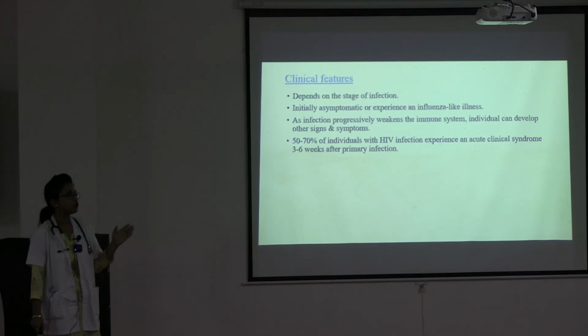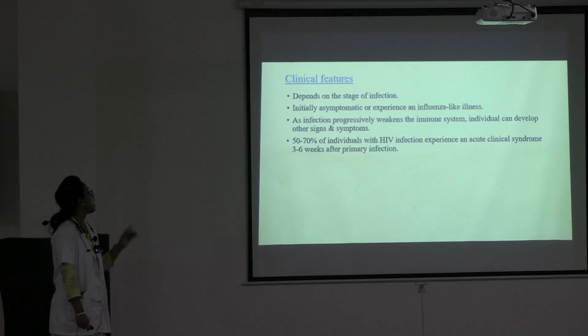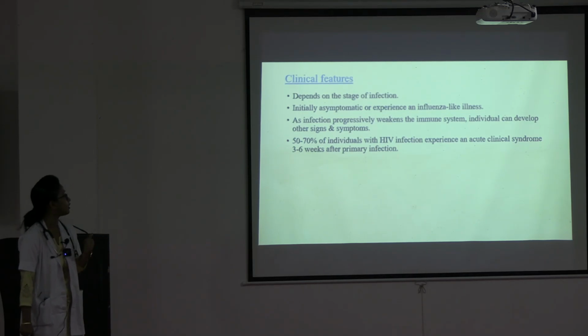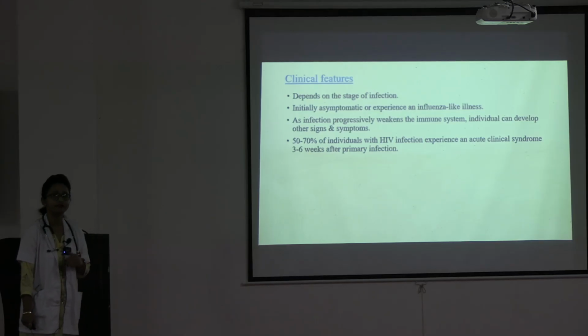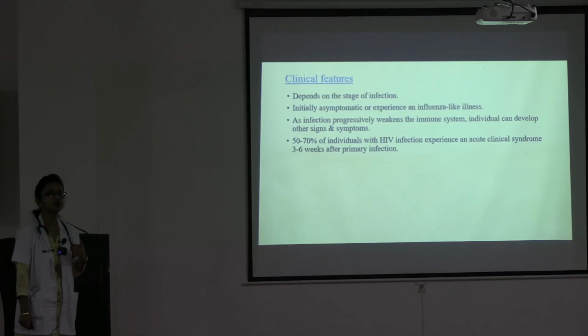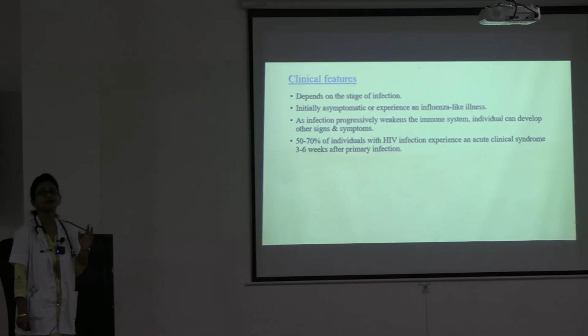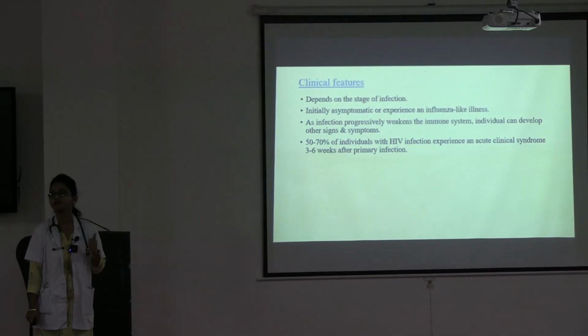So before moving towards the clinical stages, around 50 to 70% of the individuals with HIV infection experience an acute clinical syndrome 3 to 6 weeks after the primary infection, and this is known as the acute HIV syndrome.